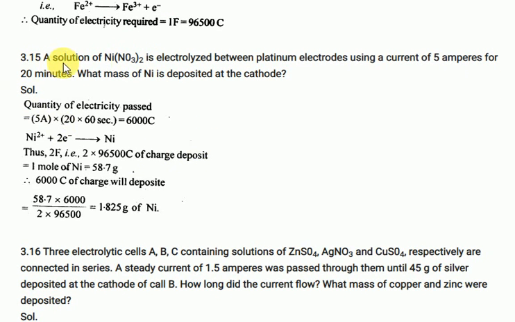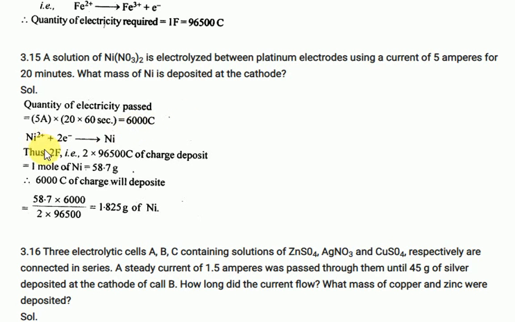Shortcut method you have to follow. Next one: a solution containing nickel nitrate is electrolyzed between platinum electrodes using a current of 5 amperes for 20 minutes. What mass of nickel will be deposited? Look at the total charge: Q is equal to IT. Current is 5 amperes. Time is 20 minutes, 20 into 60 seconds. So 6000 coulombs will come.